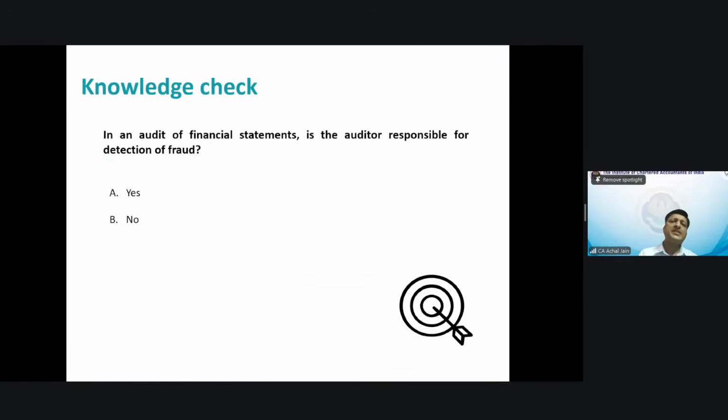It's important to understand what this fraud is and what the responsibilities of the auditor will be. When you talk about audit of the financial statements, the question arises: is the auditor responsible for detection of fraud? That's something we need to consider.